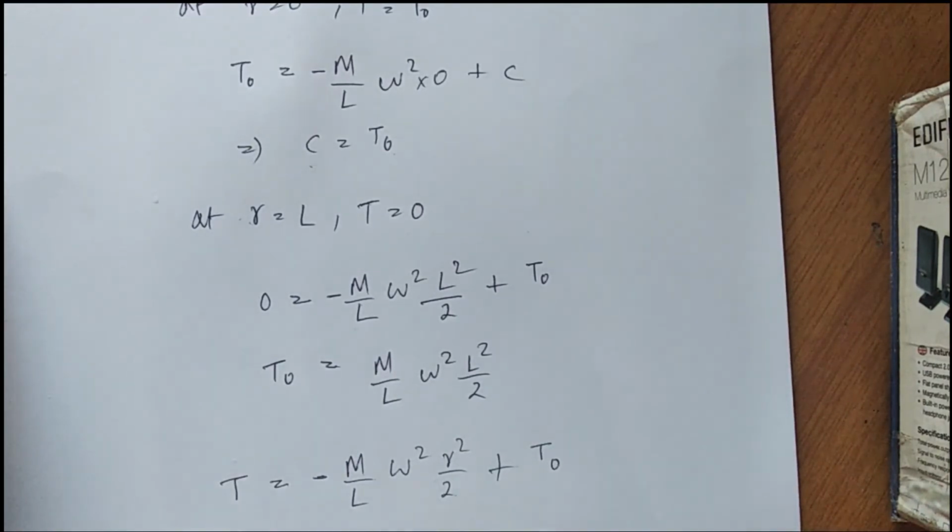We can put the value of T naught here: minus M by L omega square R square by 2 plus M by L omega square L square by 2. In this case, if you take M by 2L omega square common, then you'll get L square minus R square.